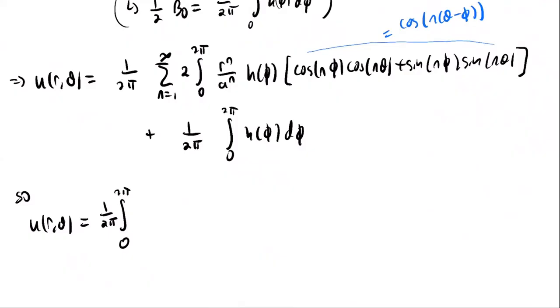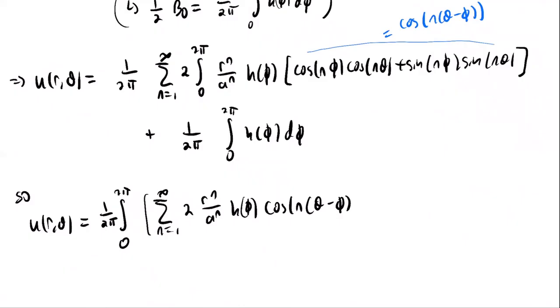And then I have the sum from n equals 1 to infinity of 2 times r to the n over a to the n h of phi cosine of n times theta minus phi. Right, so this is my infinite sum. And then I have plus h of phi d phi.